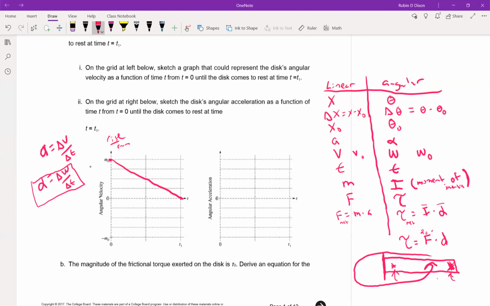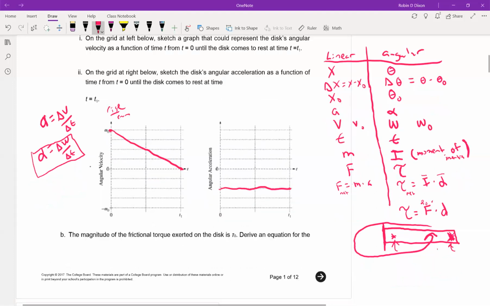So let's say the angular acceleration of this graph must be a negative value, and a straight line. My apologies for that. But it is a negative value for the entire time because the slope of this graph is negative the entire time. That's pretty straightforward, no problems with that. Let's scroll down.